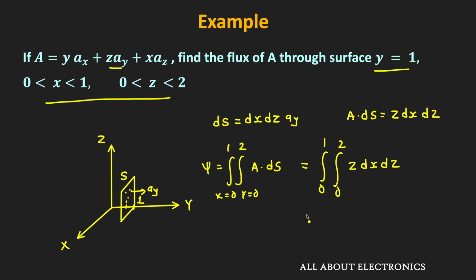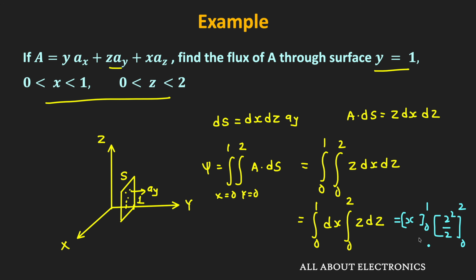Further, if we simplify it, we can write it as the integration from 0 to 1 of dx times the integration from 0 to 2 of z dz. Here the integration of dx will be equal to x, with limits from 0 to 1. Likewise, the integration of z will be equal to z square by 2, with limits from 0 to 2.